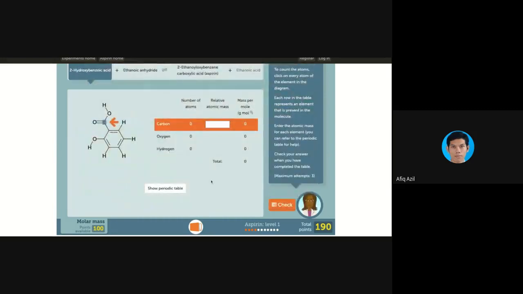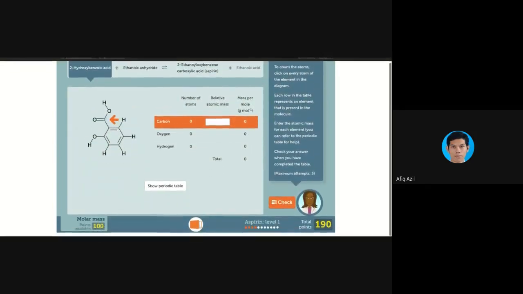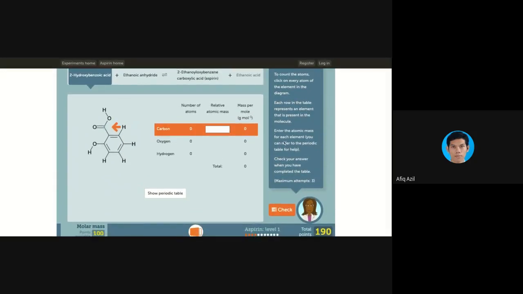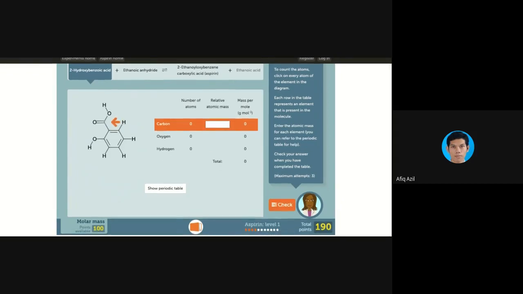So try to have a go at this screen experiment, because it is a substitute for you all, since you all cannot go to the lab and do it in person. So it is a good way to actually experience it.